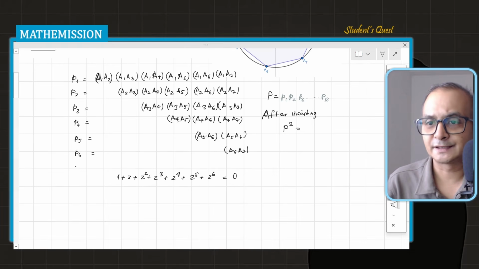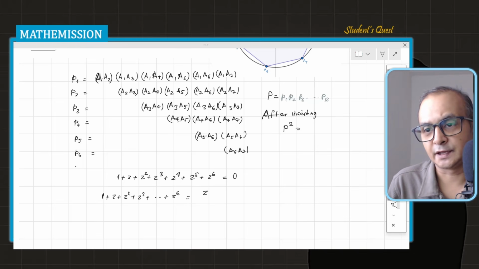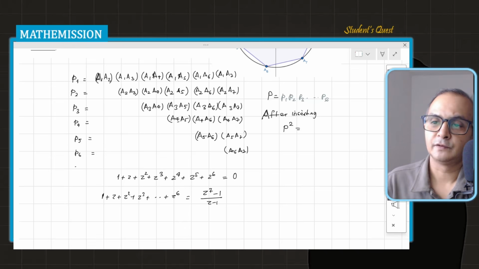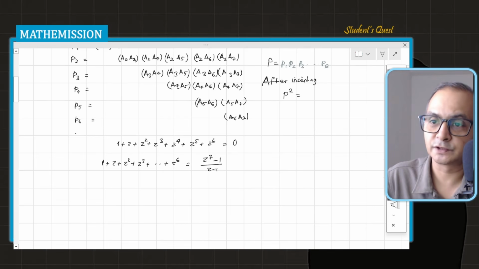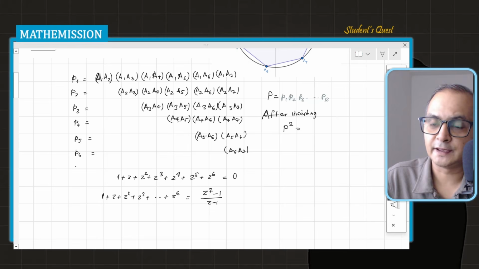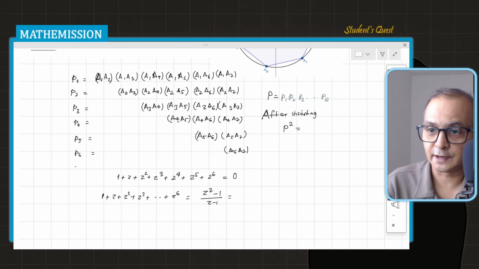Now this term I can also write as 1 plus z plus z squared plus z cubed, up to z to the power 6. This is a GP. I can write (z to the power 7 minus 1) by (z minus 1), which can be further written, supposing z1, z2, z3 are all the roots. I am starting with the first term as 1, so this z minus 1 I have already taken here.